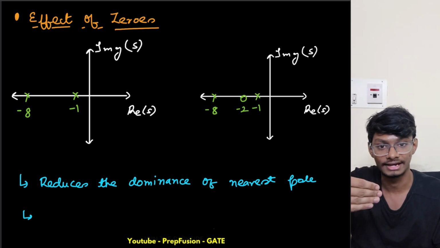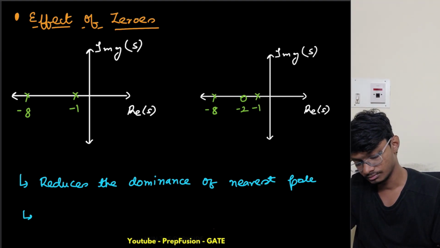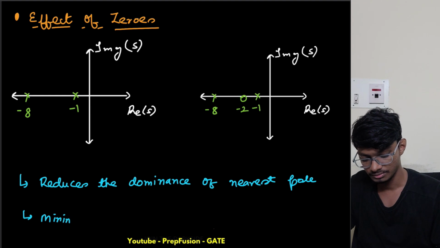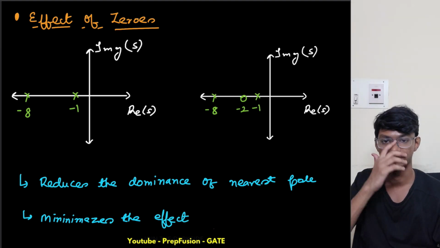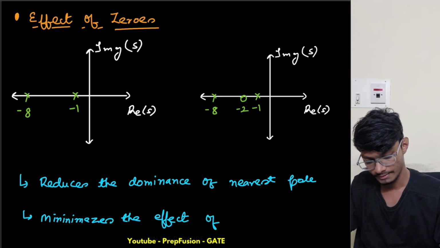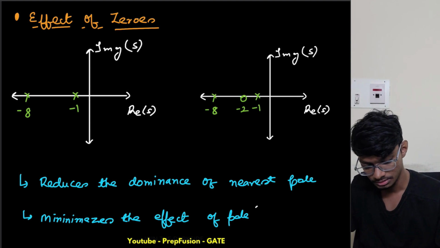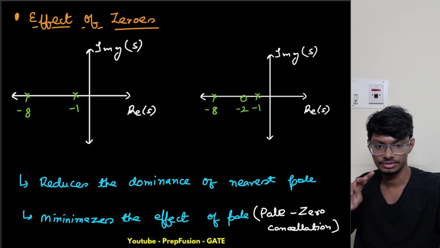If my zero is exactly at that pole, I can say not cancels, but minimizes the effect of the pole. So with the help of a zero, I can basically cancel the effect of a pole. Basically I can say pole zero cancellation.